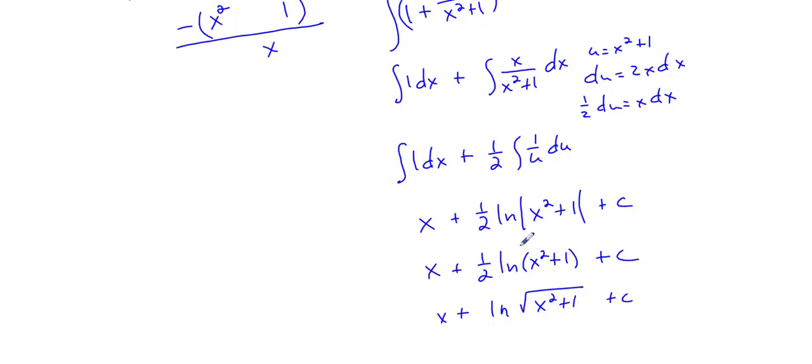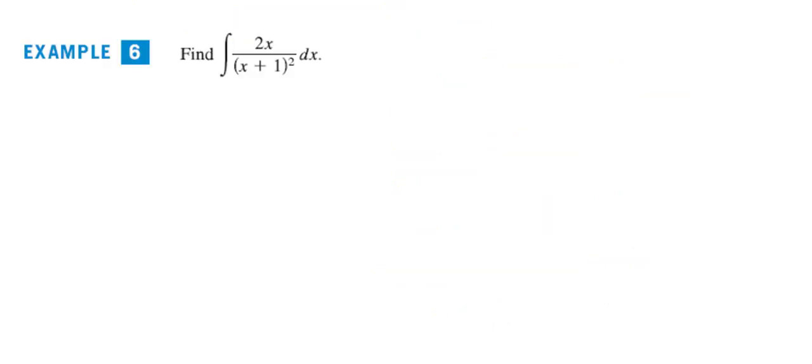Take this 1/2, put it as the power of the argument, then we can write that as a square root. So any 3 of these answers would be possible. Which one? I like you guys at least knowing you don't need the absolute values. Sometimes it's good to write this one also.